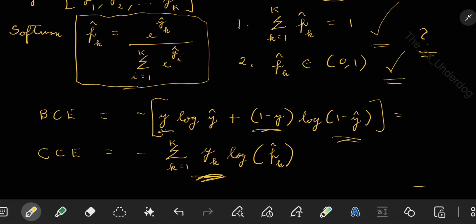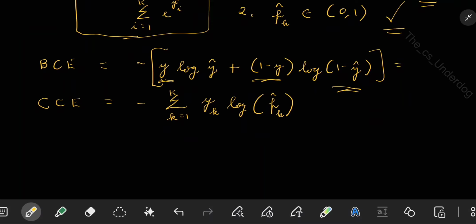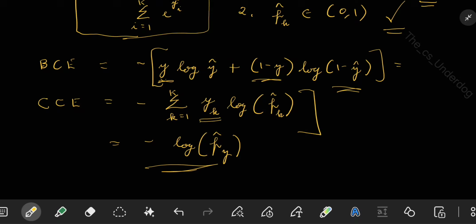So effectively, what will be your loss function? If you do the whole calculation, this will actually be something like minus log py, and I'll put a cap as well showing it as output. That is, even though I'm writing it as a sum of all, when you actually take the sum, among k classes, only one class will have yk equal to 1. All other classes will have yk equal to 0 because it is a one-hot vector.